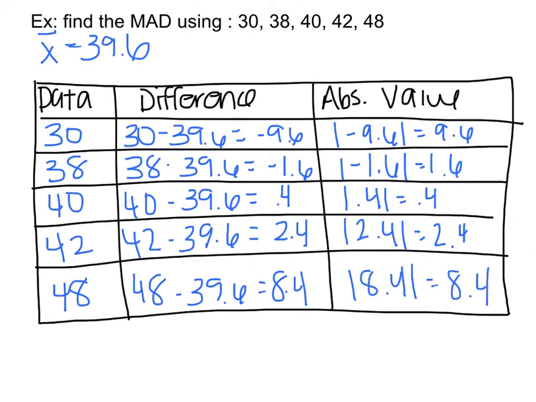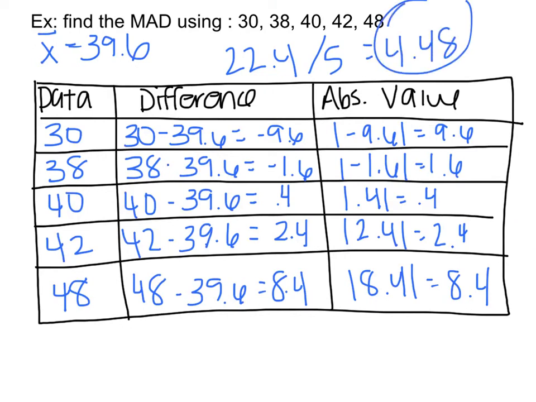Now you want to add up your absolute values. So 9.6 plus 1.6 plus 0.4 plus 2.4 plus 8.4 is going to give you 22.4 divided by 5 should give you 4.48, and that is going to be your mean absolute deviation.